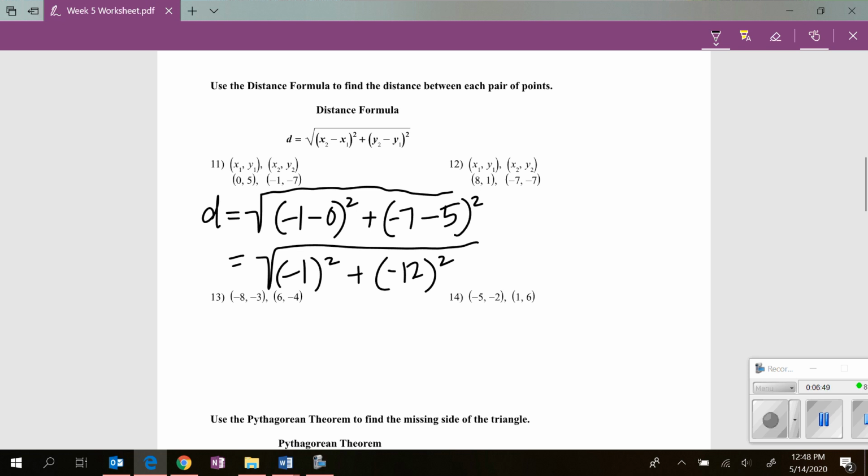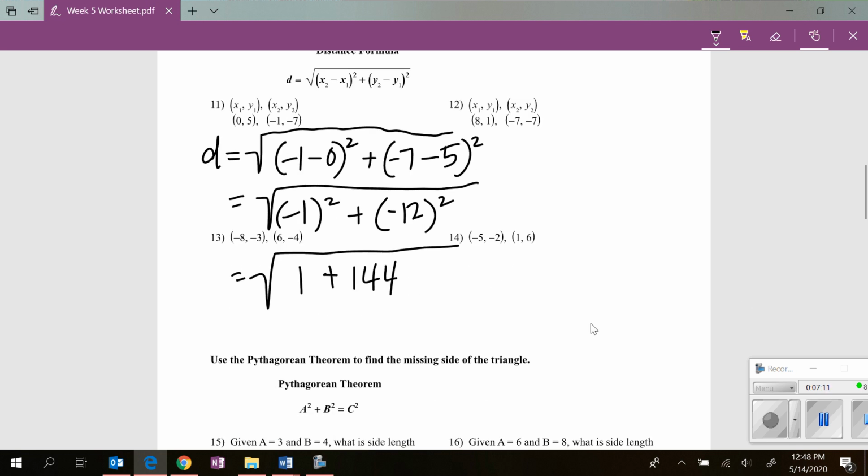squared. Okay, now you get to use your calculator. And we're going to do this step. -1 squared, same thing as -1 times -1, is 1. -12 squared is -12 times -12, which is 144. Okay. Now when I add those together, I get 145.